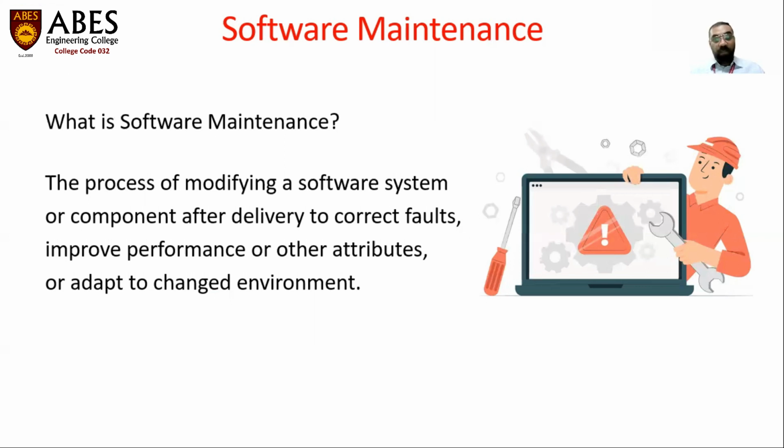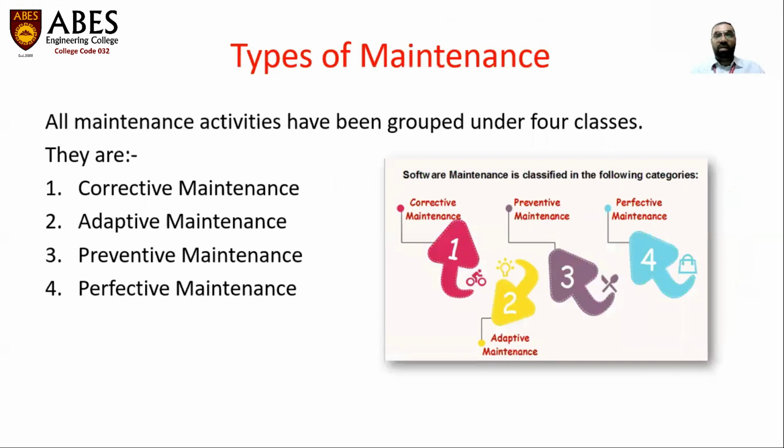So the key point for software maintenance is that we need to make changes after the delivery of the product. The overall software maintenance has been classified into 4 different classes. The first one is corrective maintenance. We are correcting something; we'll see it in detail in the upcoming slides.